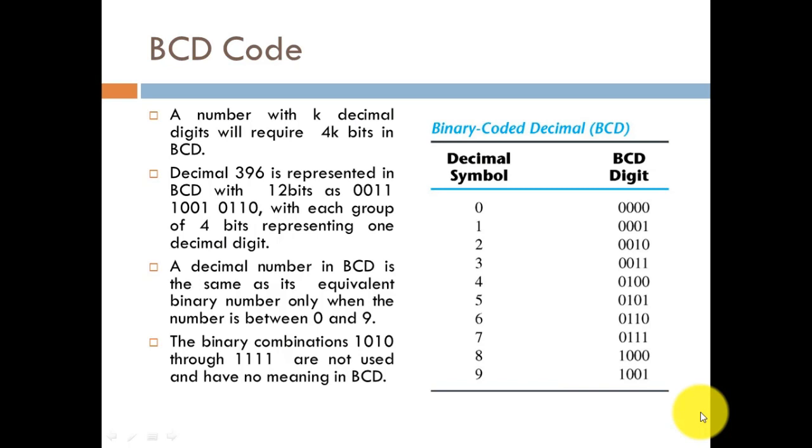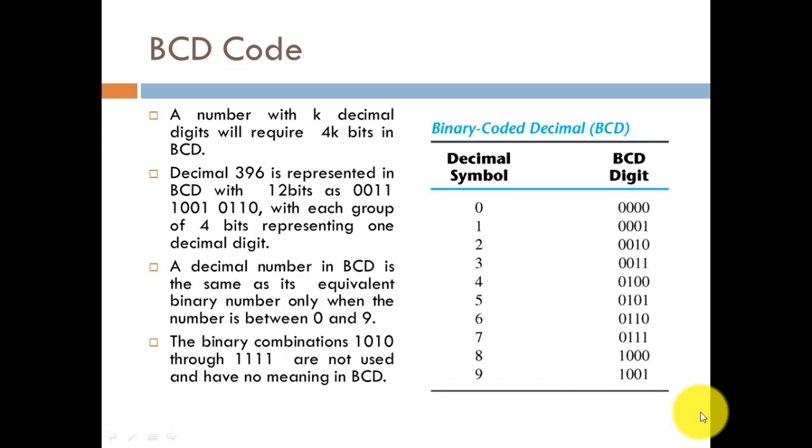This 0110 is the representation of 6, 1001 is the binary representation of 9, and 0011 is the binary representation of 3. This is how we represent 396 decimal in the BCD number system, with each group of 4 bits representing 1 decimal digit.